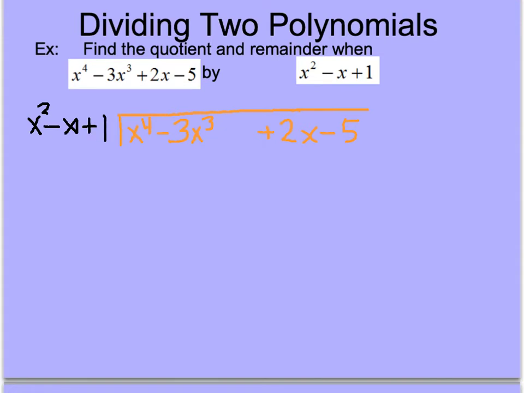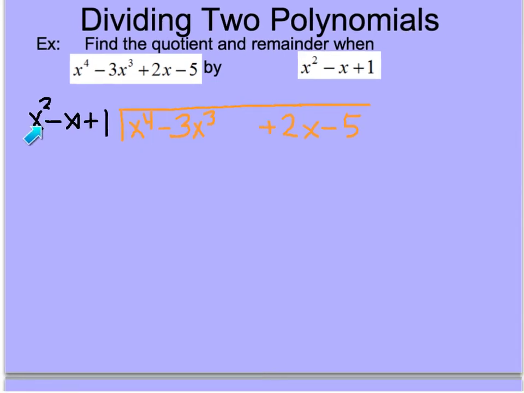So just as we were doing earlier, we're going to take the leading term here and divide it by the leading term on our divisor. So step 1 would be x to the 4th divided by x squared, and I know that's equal to x squared, so that goes here. And step 2 would be to multiply x squared times this trinomial.